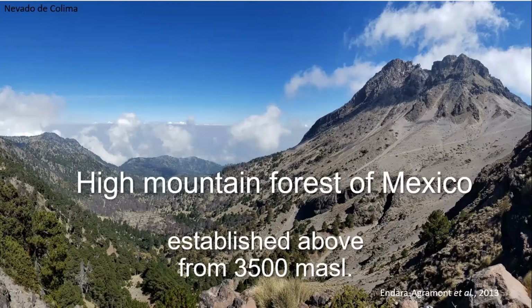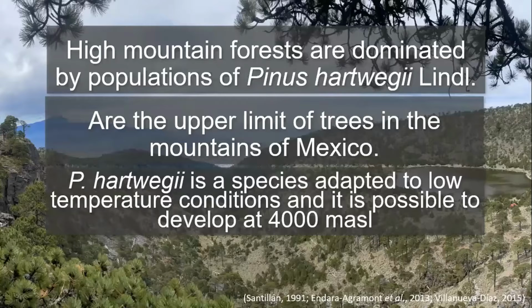The high mountain forest here in Mexico is usually established above 3,500 meters above sea level. These forests are usually dominated by a population of Pinus hartwegii, and this species is adapted to low temperature conditions, and it's possible to find it above 4,000 meters.